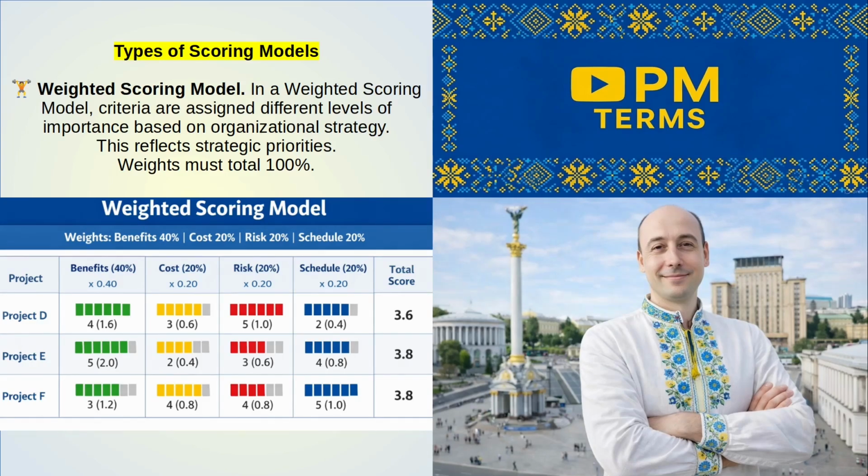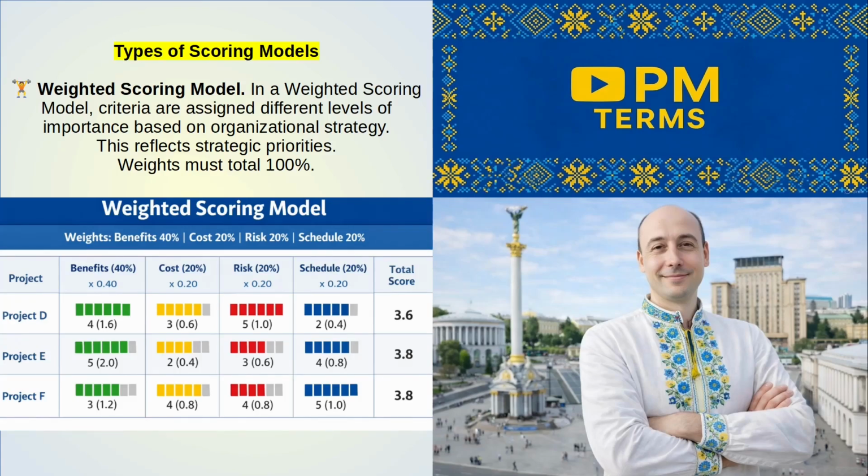Next, we rate each project on a scale of 1 to 5, where 5 represents the best. Then multiply each rating by its weight and sum up the totals. Project D: benefits 4 times 0.4 equals 1.6. Cost 3 times 0.2 equals 0.6.